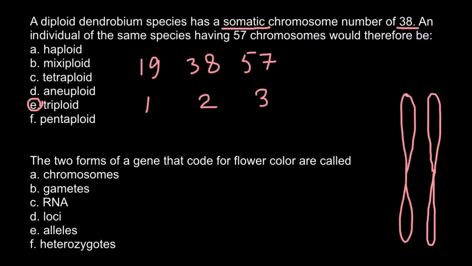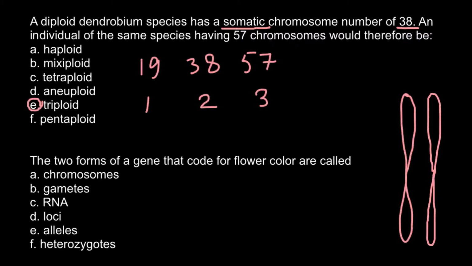We humans have 23 pairs of chromosomes, or a total number of chromosomes of 46, but only 23 pairs of chromosomes. So this is a wrong answer.